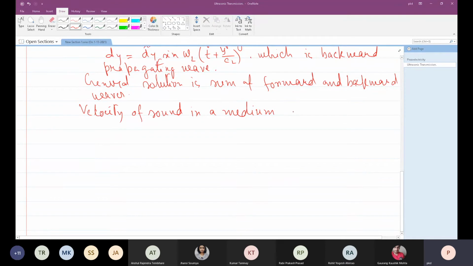So this depends on density and the elastic modulus.